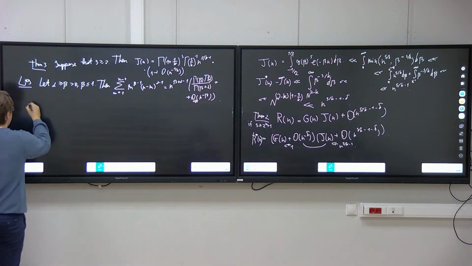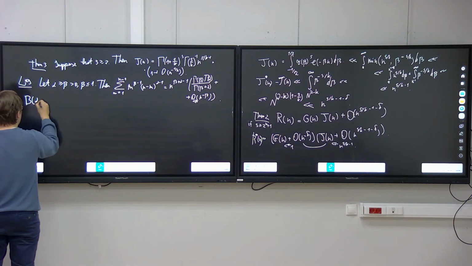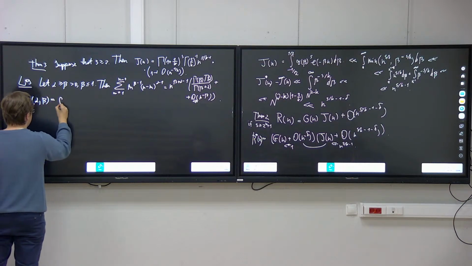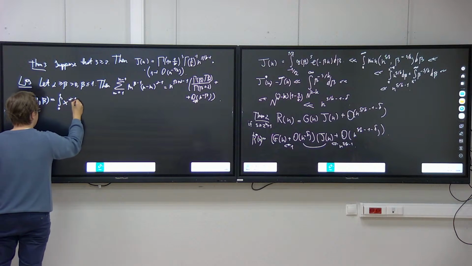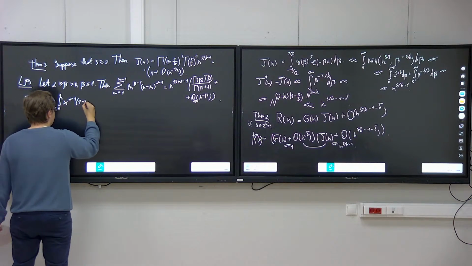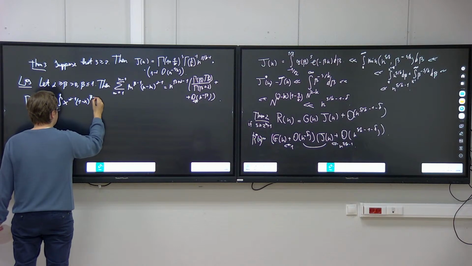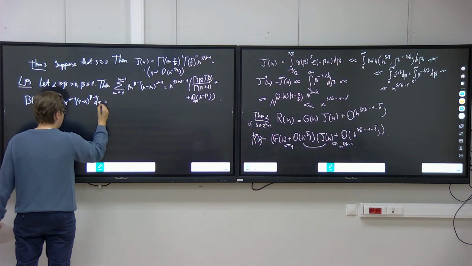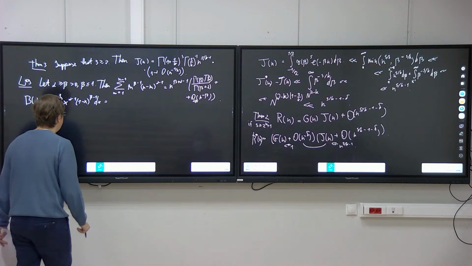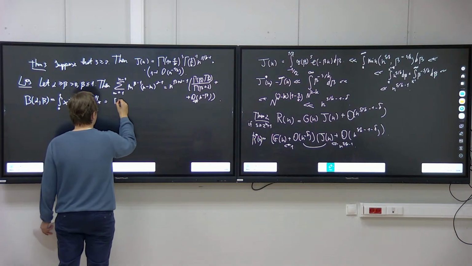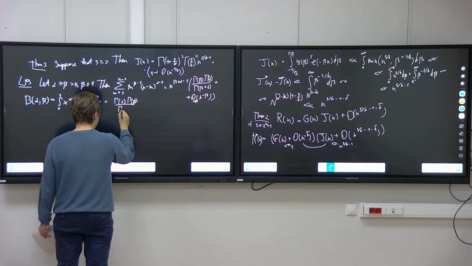We define beta as the integral from 0 to 1 of x to the power alpha minus 1, 1 minus x to the power beta minus 1, dx. And we can compute it in terms of the gamma function: gamma of alpha, gamma of beta over gamma of alpha plus beta.